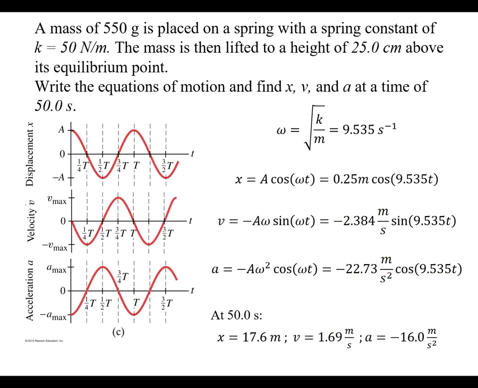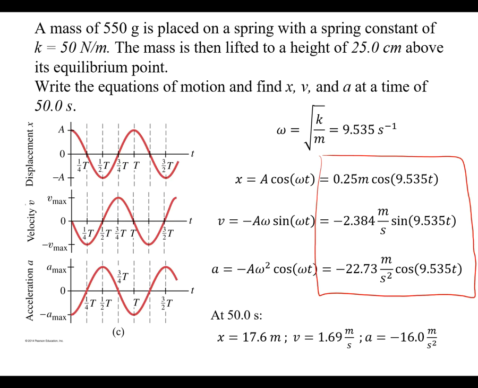The equation for x would be 0.25 meters times the cosine of 9.535 t. The equation for velocity would be a negative 2.384 meters per second times the sine of 9.535 t. And your acceleration equation would be negative 22.73 meters per second squared times the cosine of 9.535 t. So these are your equations of motion right here.